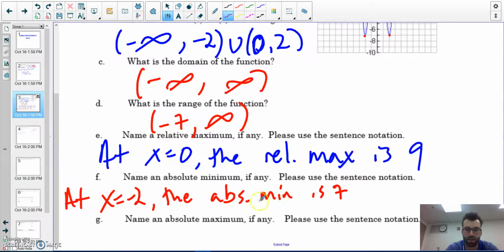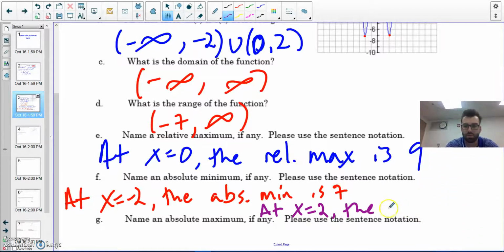Or you can write at x equals positive 2, the absolute min is negative 7. My apologies, that's supposed to be negative 7. Either of those work. If this were a question on our test, if you wrote this one, you have that correct. If you wrote this one, you'd be correct as well. Either of those options work.